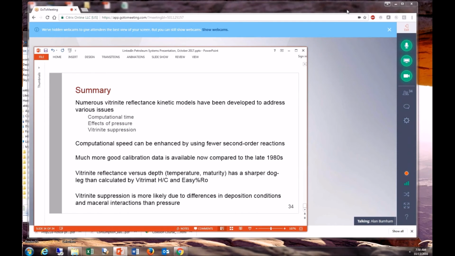So there is some laboratory evidence that you can take the same vitrinite, put it in a different reaction environment, and you will get a slightly different reflectance. To my knowledge, that work was never published, and maybe there are other papers along that line. So I think that is one thing that can happen.